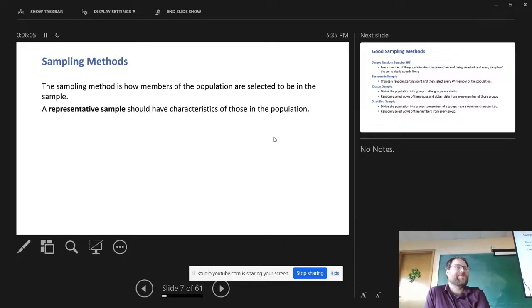When you get samples that aren't representative, that's when it leads to bias, or systematic issues that exist because of some underlying reason.